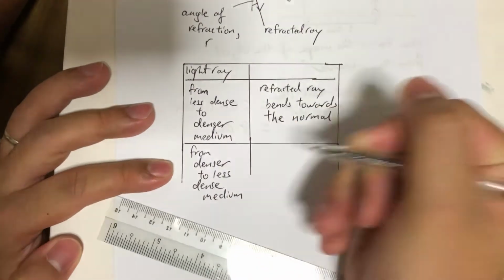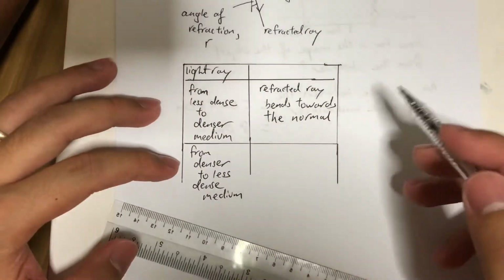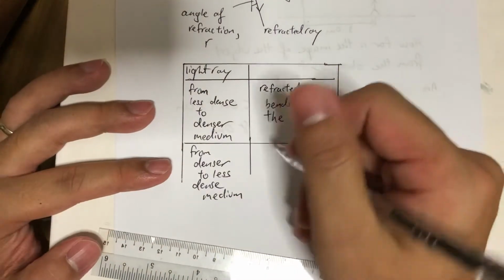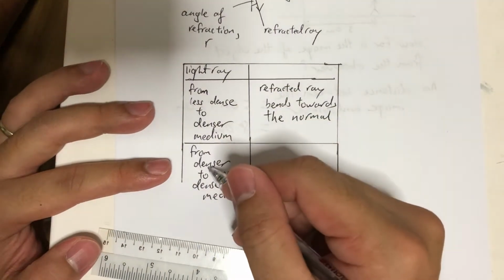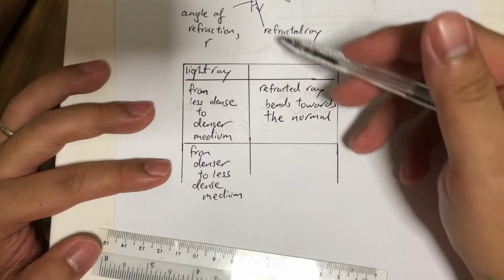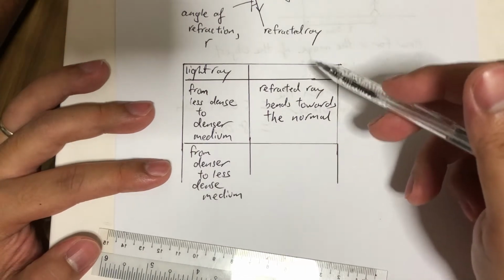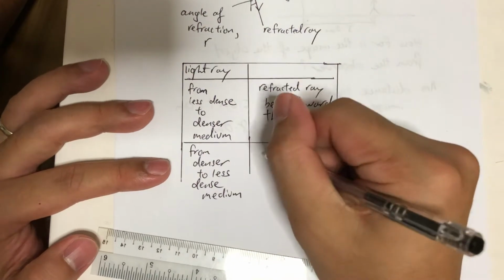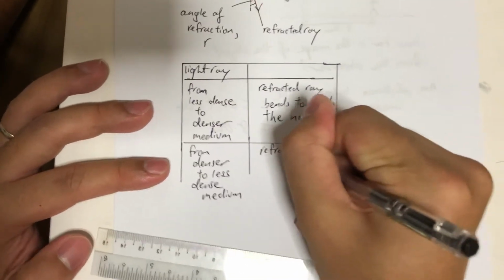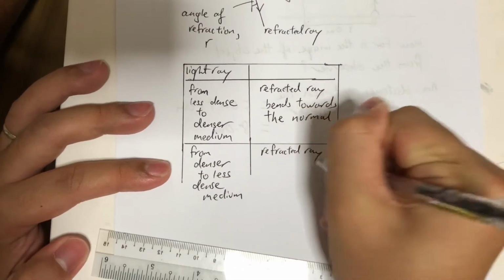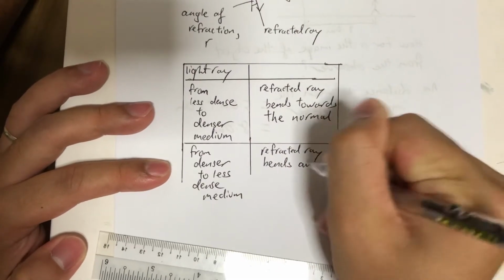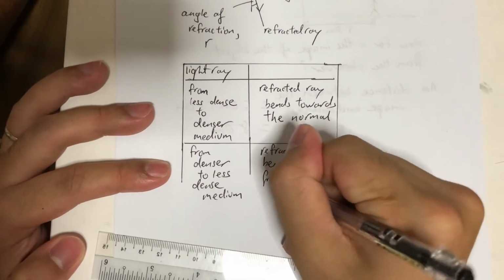For those who are quick, you soon realize that it's actually the opposite of what is happening over here. So when the light ray is traveling from denser, let's say from glass into the air, so denser to less dense medium, the refracted ray bends away from the normal.